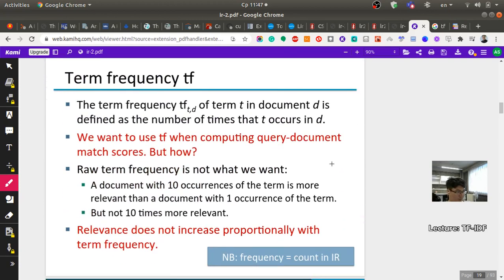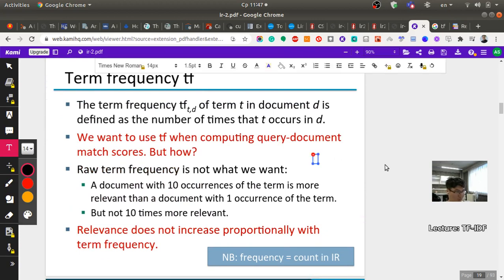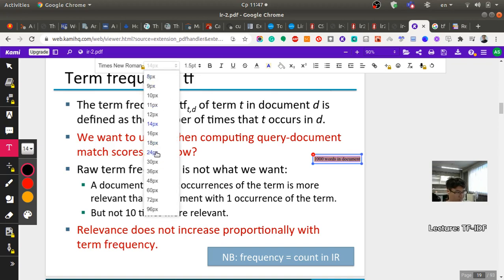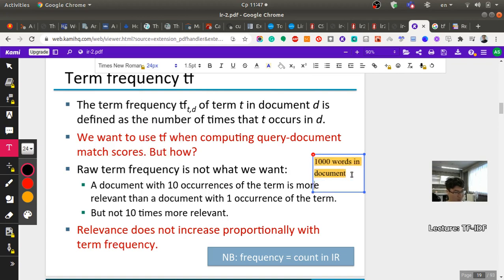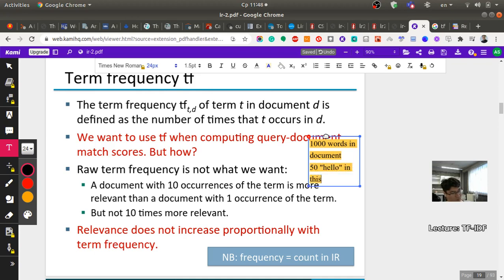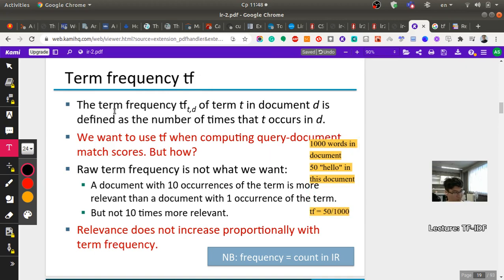Let me write here: say 1,000 words in the document, and you have 50 occurrences of hello in this document. So TF will be equal to 50 divided by 1,000. This is called term frequency.